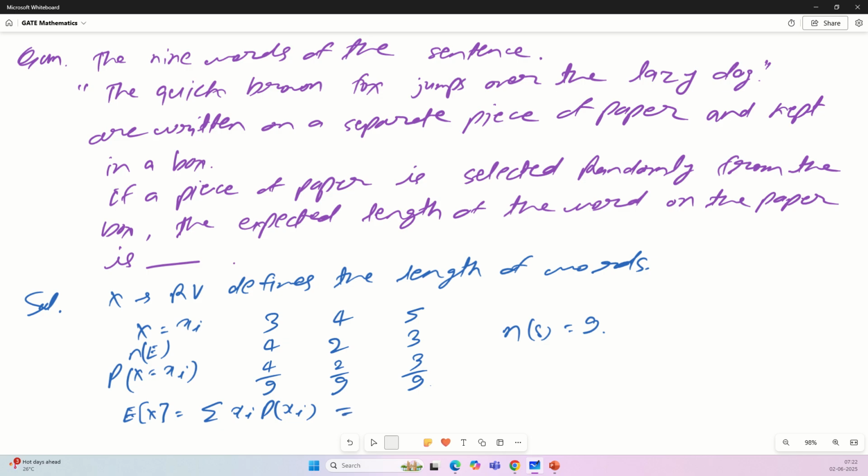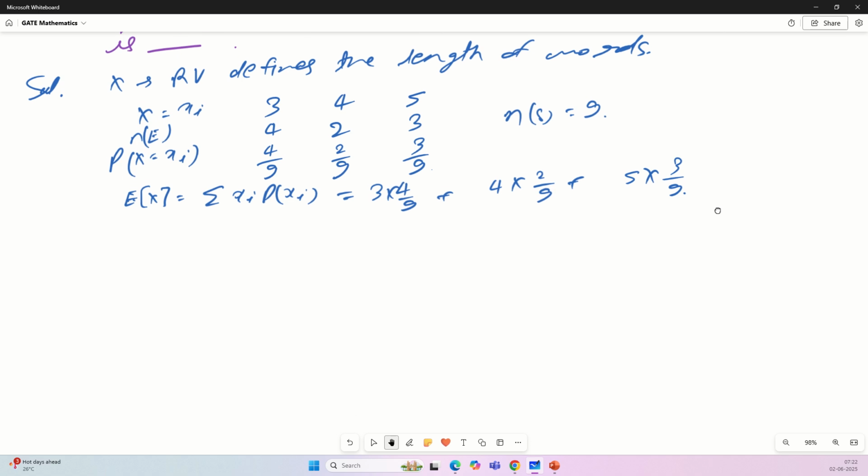What is my xi? Xi is nothing but 3. So 3 into its probability, 4 into its probability, 5 into its probability. So you can write it down quickly: 3 into 4 by 9 plus 4 into 2 by 9 plus 5 into 3 by 9. By doing this you very simply get the expectation, which is 12 by 9 plus 8 by 9 plus 15 by 9.